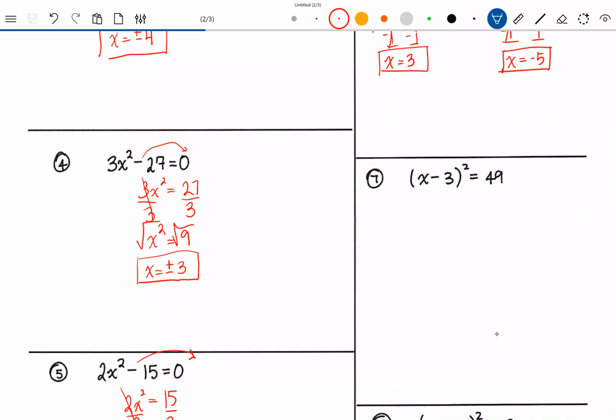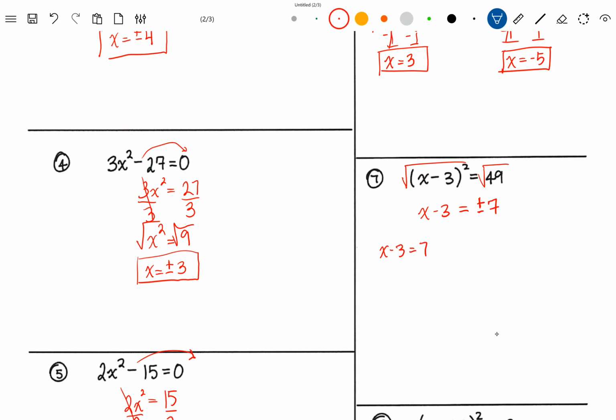So number 7, same thing, I want to get rid of that square, so I'm going to square root both sides. When I square root that square, it leaves me x minus 3. And the square root of 49 is positive and negative 7. So I have two problems. I have x minus 3 equals positive 7 and x minus 3 equals negative 7.